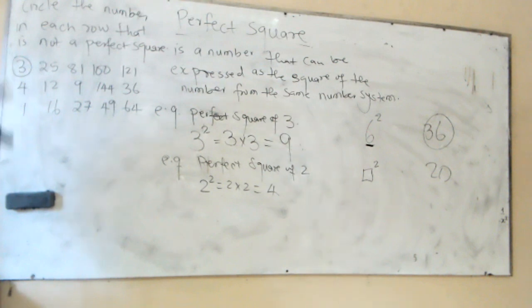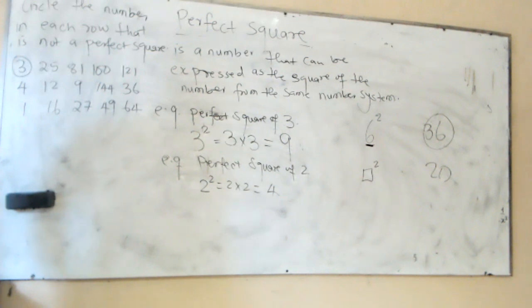Very true. So it means you are now getting it right. Is 81 a perfect square? No, it's not. Why is it not? Does it need to have an exponent of 2 only?